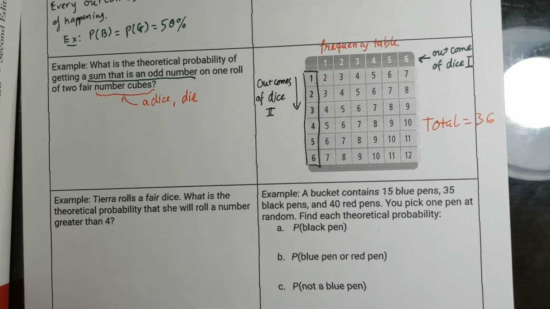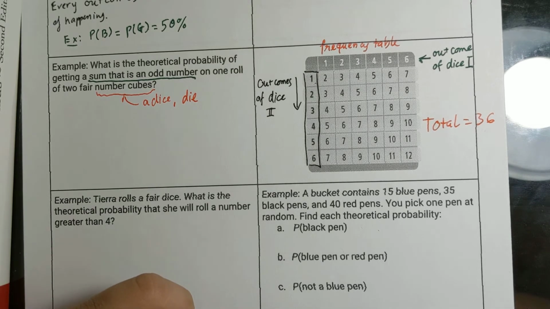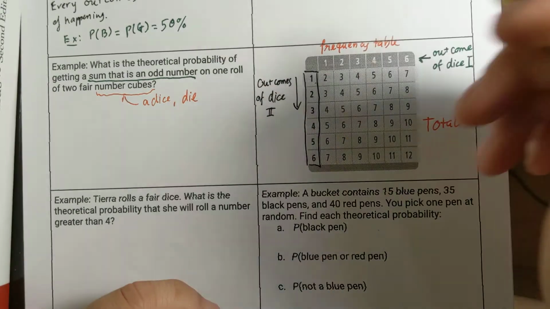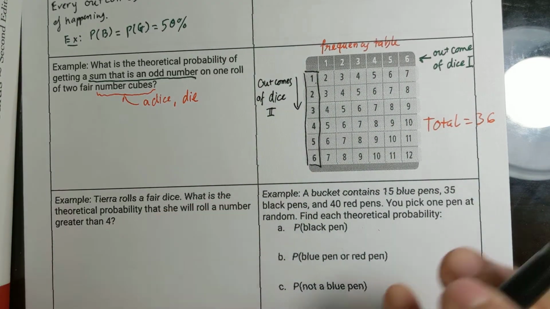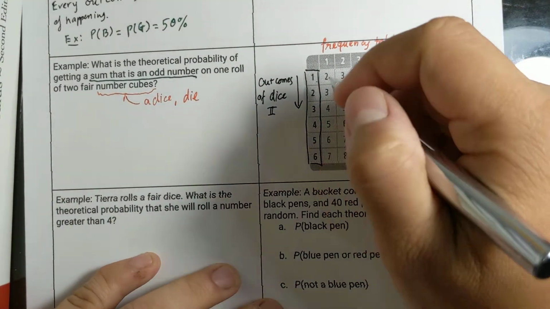Alright, so let's finish this thing. The question asks you, what is the probability of getting a sum that is an odd number on one roll of two fair dice? So I will circle the ones that are odd numbers in here.